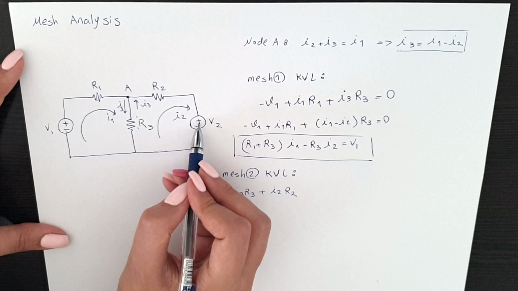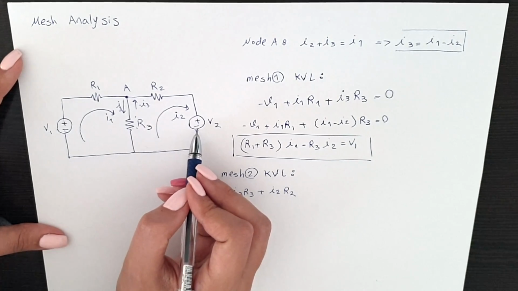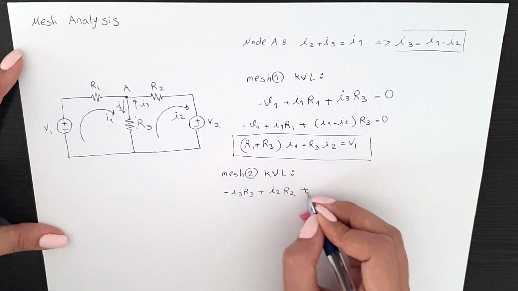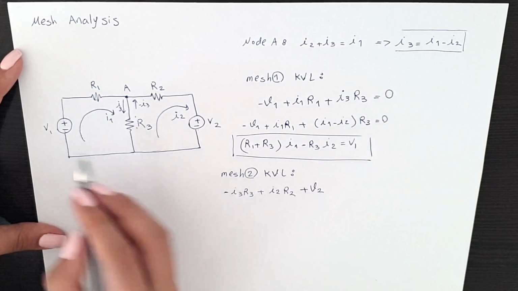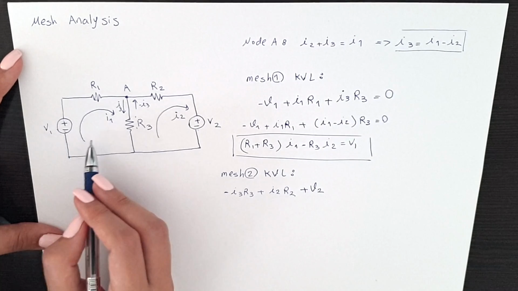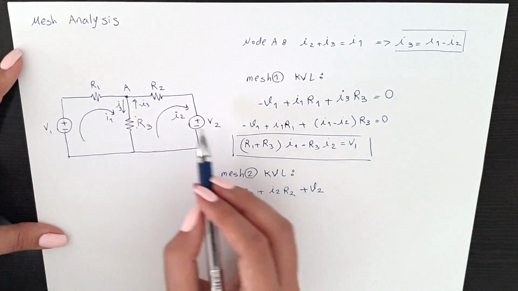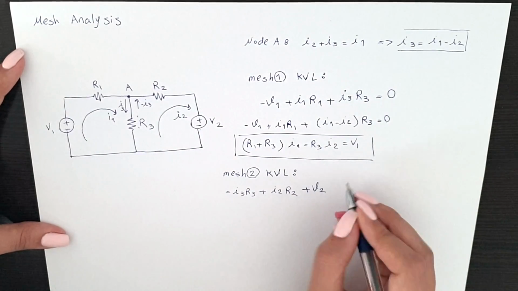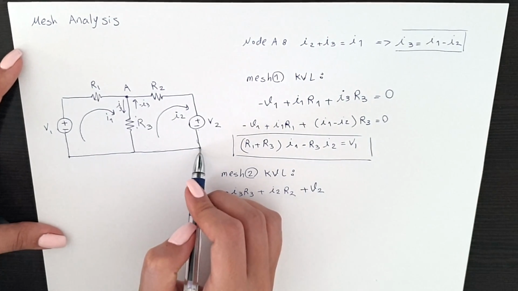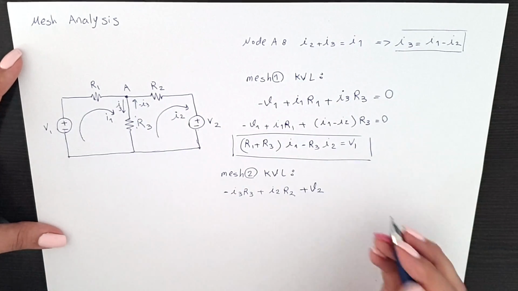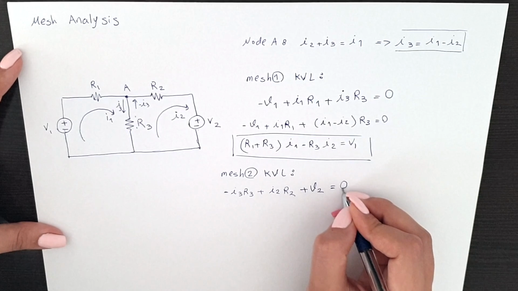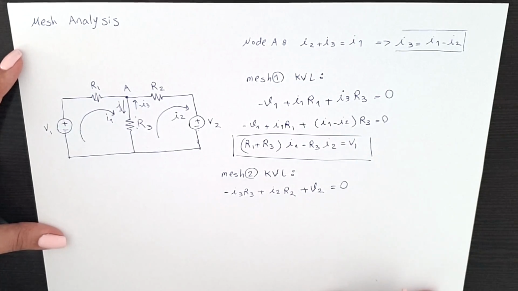We are entering from the plus side and exiting from the minus side, so we write it as V2 and not minus V2. Like here we wrote minus V1 because we were entering from the minus side, but here we are entering from the plus side, so it's plus V2. So we are coming back to the point we started. We wrote all the voltages in this mesh, and these all are going to be equal to 0.